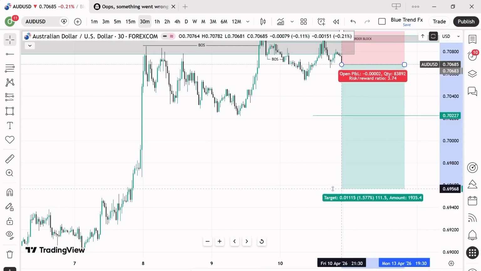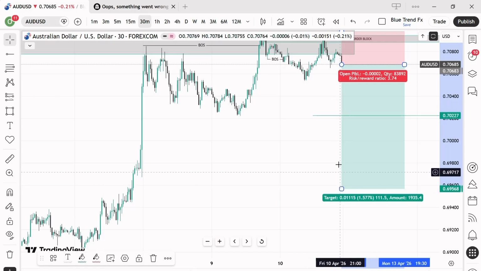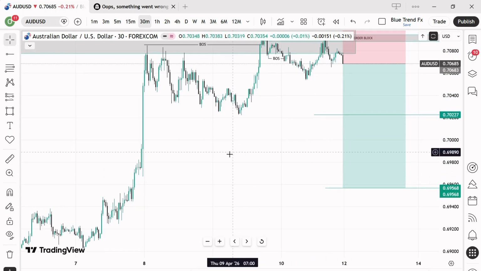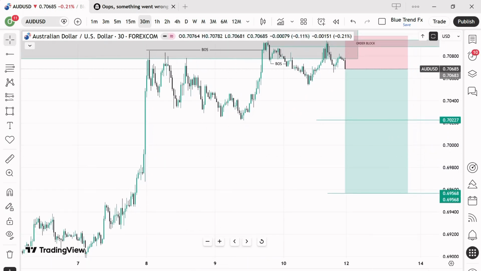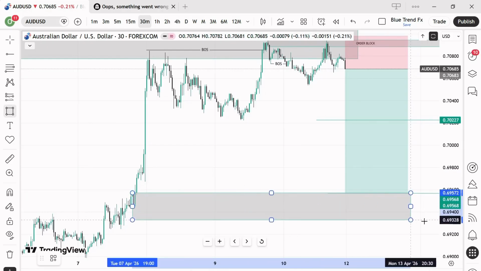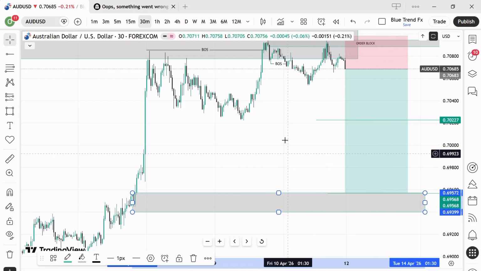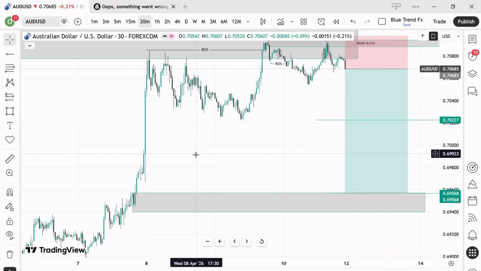And right here, we're going to be having our final TP, right at this level, because that is a stumble block that might actually reverse the market.